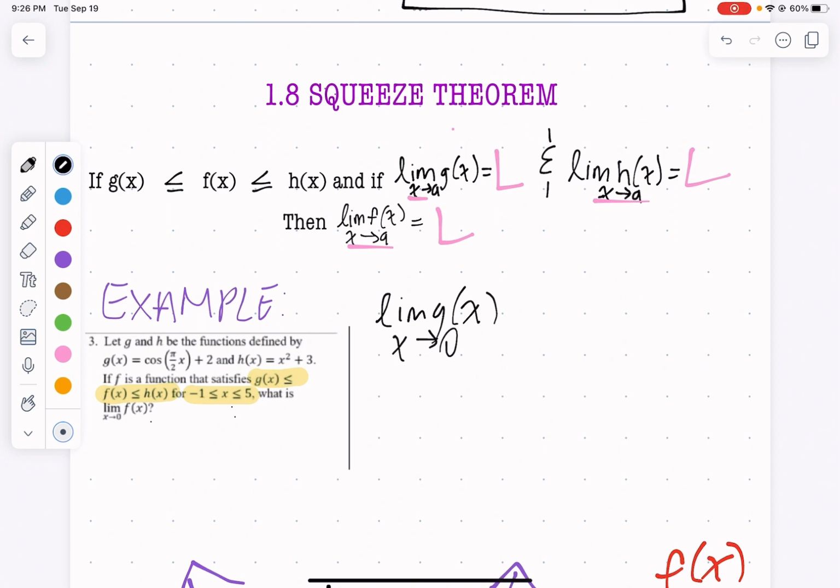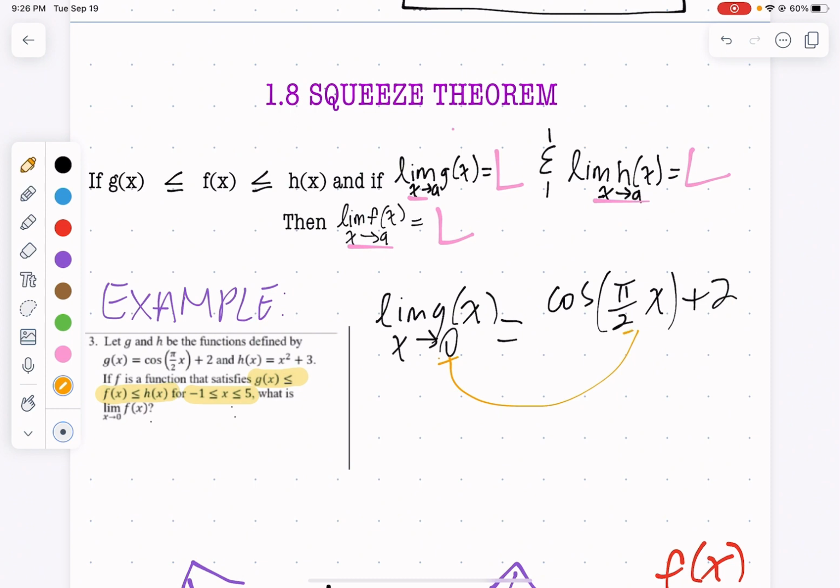A bit of a tongue twister, but do you keep with me? So we have our original g of x function, cosine of pi over 2x plus 2, and we're going to take our 0 and plug it in for x.